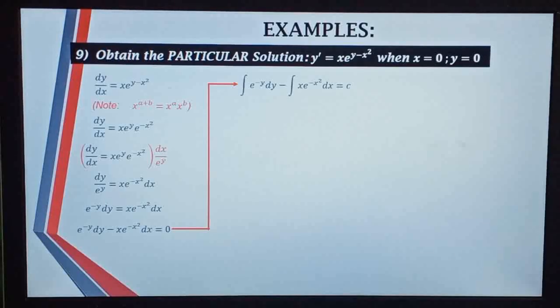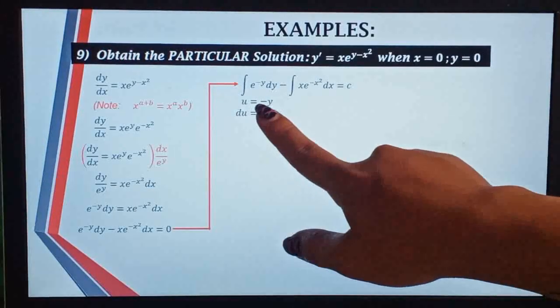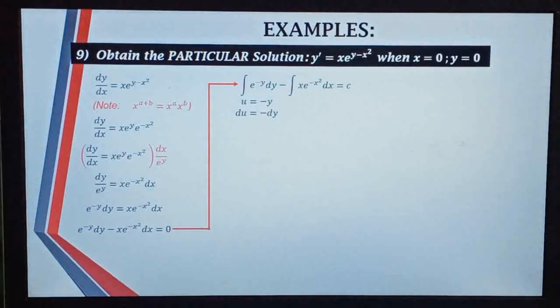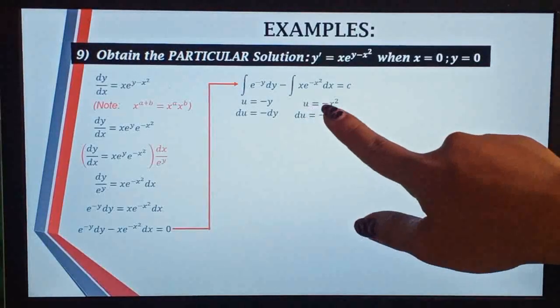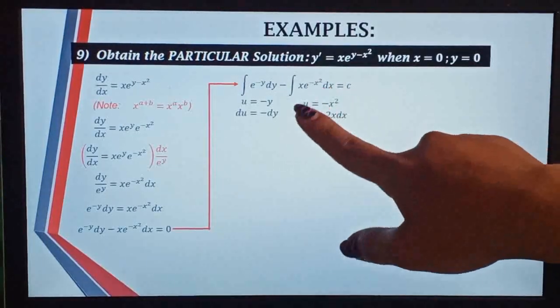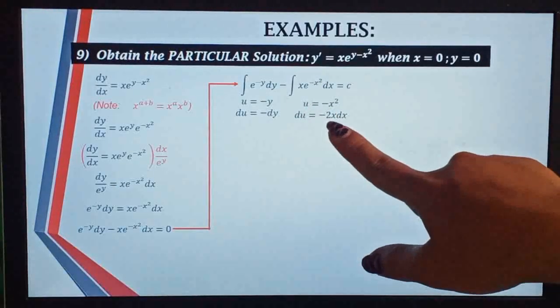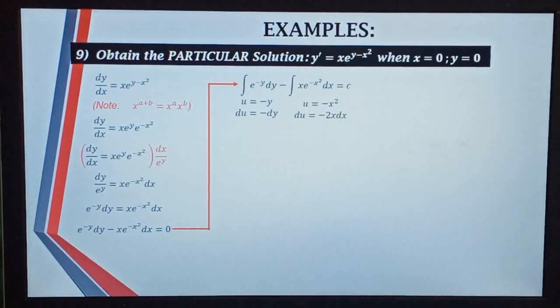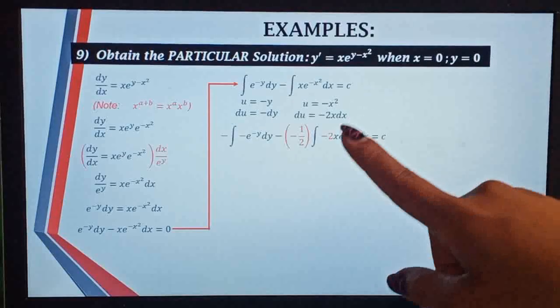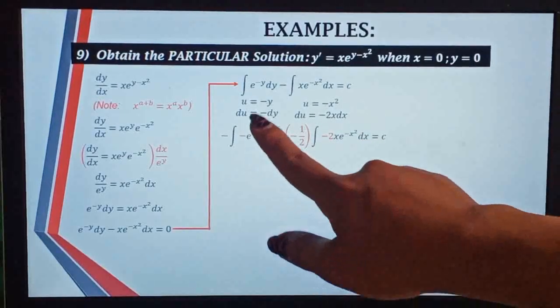So pag in-integrate natin yan, sa first term, you have the u as negative y. Then the du is negative dy. Then punta tayo sa second term. Our u there is negative x squared. Then the du is equivalent to negative 2x dx. So kailangan tama yung format. So that's e raised to u du. So you have e raised to u.